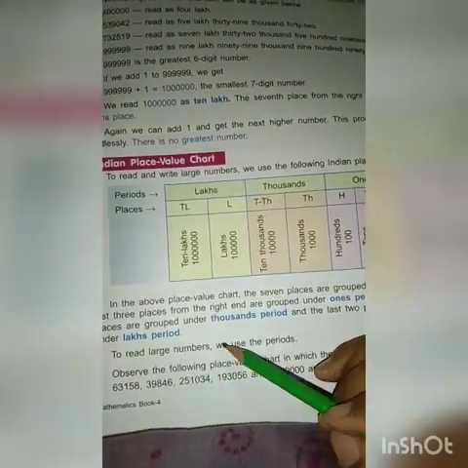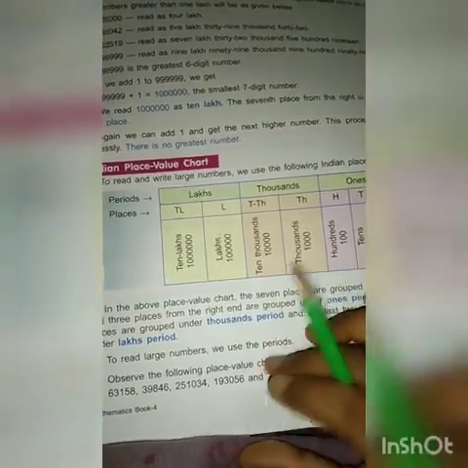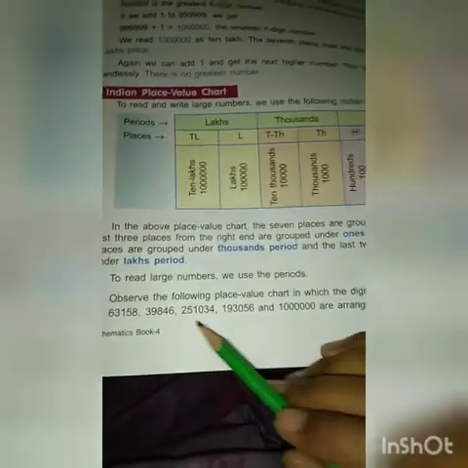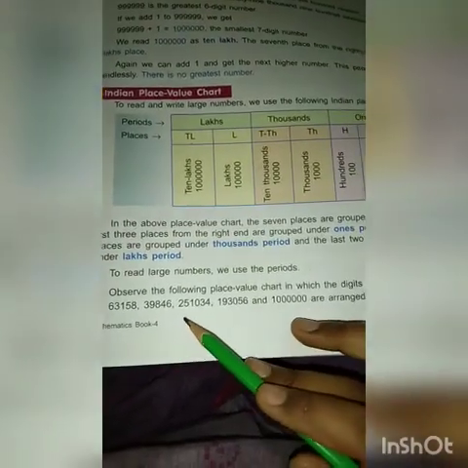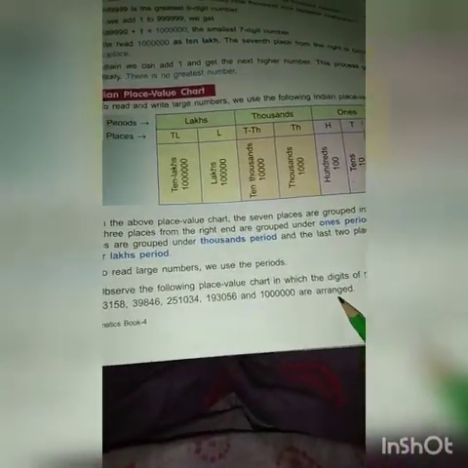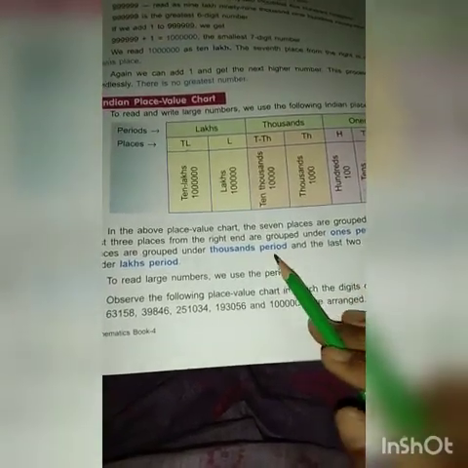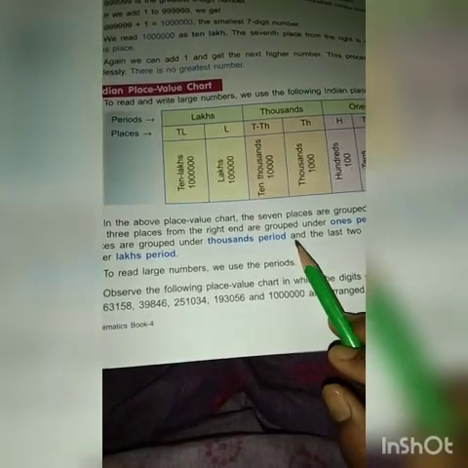To read large numbers, we use the periods. Now these are some numbers which are given. Observe the following place value chart in which the digits of the numbers are arranged. These numbers I will give you to arrange according to the Indian place value chart as your classwork.